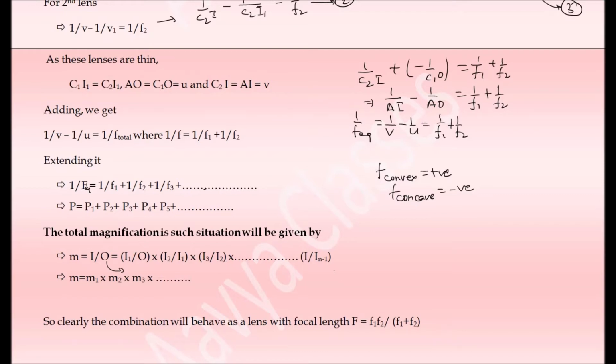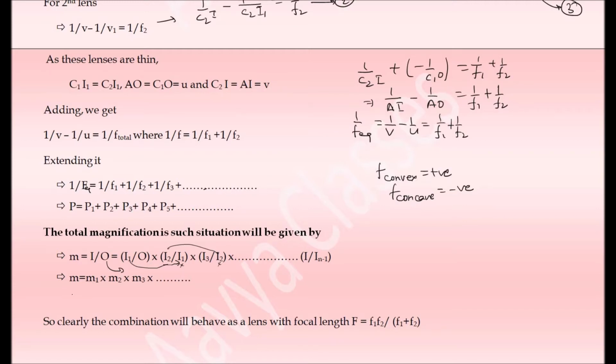If there are multiple lenses placed, then as we know, the image of the first lens will serve as an object of the second lens. So for the second lens, I1 will be the object height, while its image height will be I2, which will again serve as an object for the third lens and so on. So these are basically the magnifications of each term.